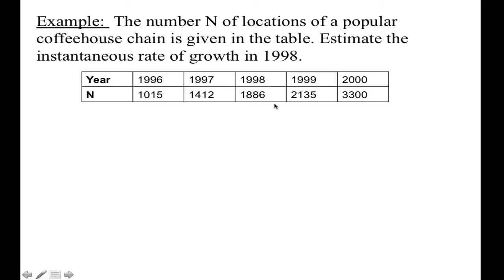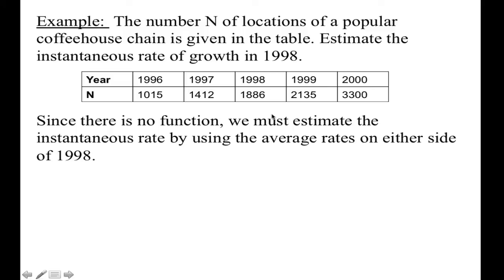So here's 1998. That means, since we're talking about a limit, we want to look from the left and from the right. So we must estimate the instantaneous rate by using the average rates on either side of 1998. Well, can't we find the rate of change between 98 and 97? Can't we also find the rate of change between 99 and 98?